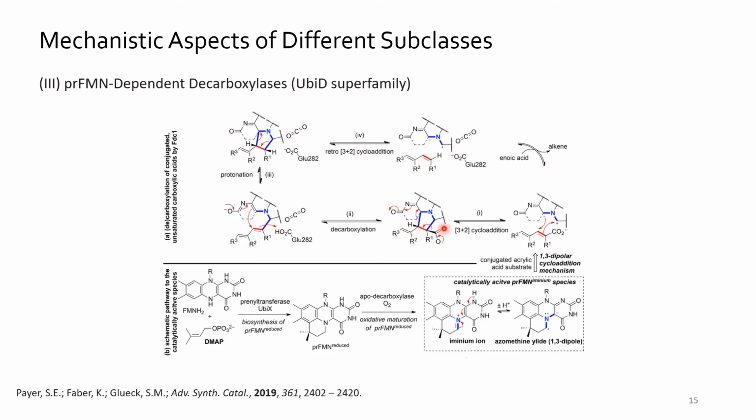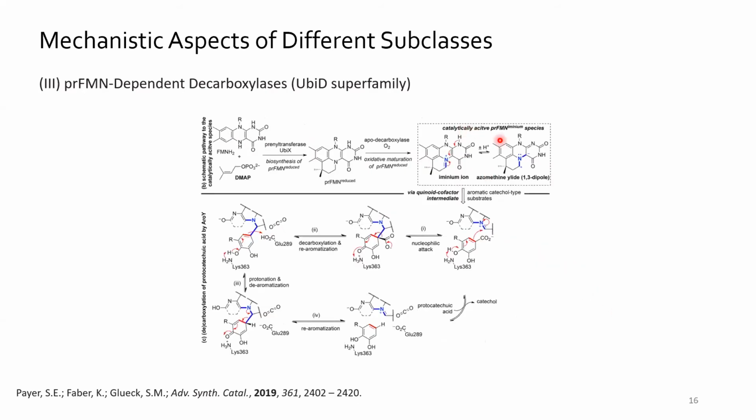On the other hand, we have this iminium ion as the catalytically active species. And in this case, if we have substrates which look like these protocatechuic acids, we have first a nucleophilic attack, after the deprotonation of this lysine residue.